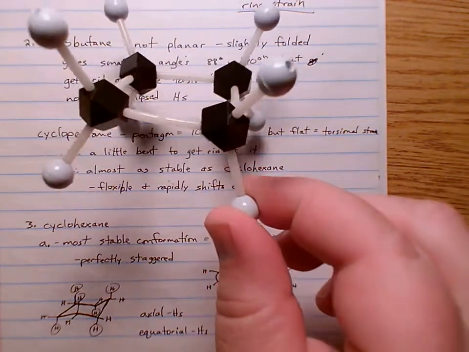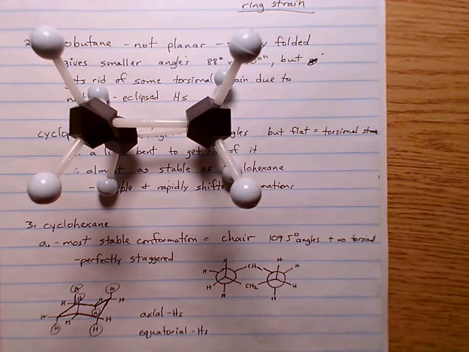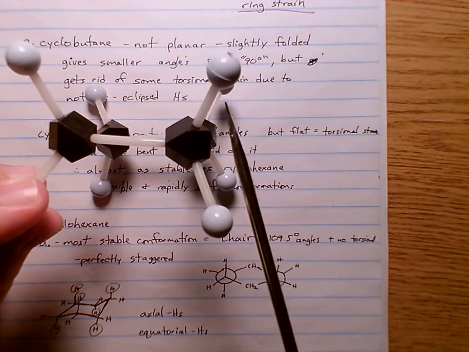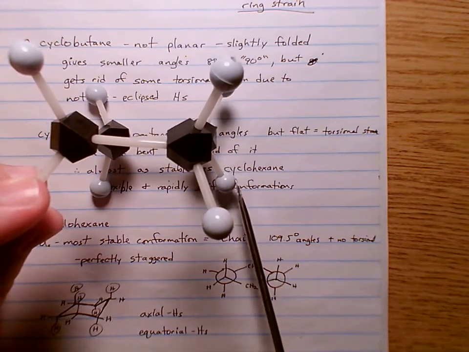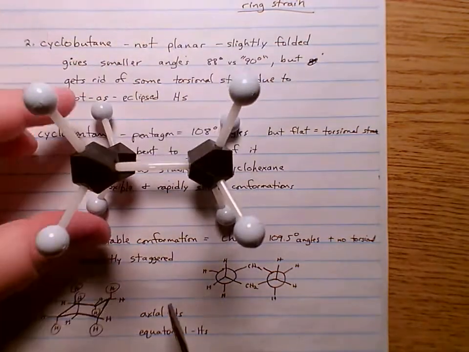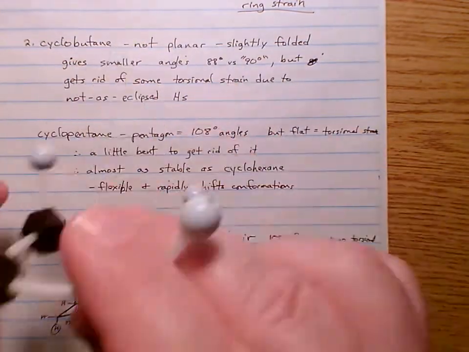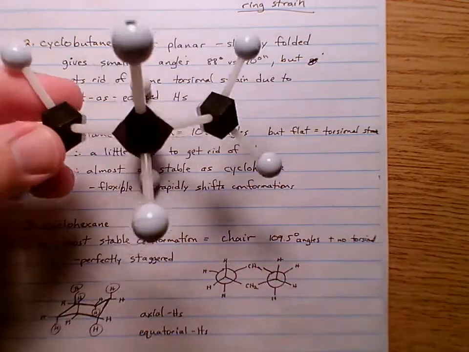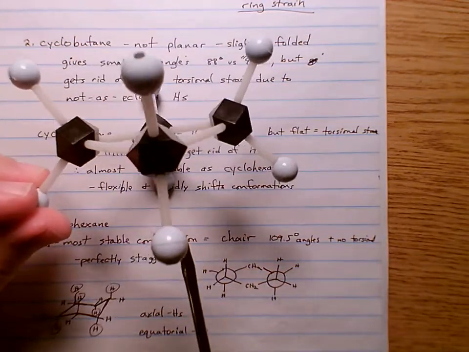And note that when we look at it, all of the hydrogens are pretty much eclipsing each other. See how this one back here is eclipsed by the one up here. This one down here eclipsed by this one, and so forth. No matter how we turn it, we always get some eclipsing. Now there's probably a little bit of pucker to these, but even my models don't want to pucker up that much.